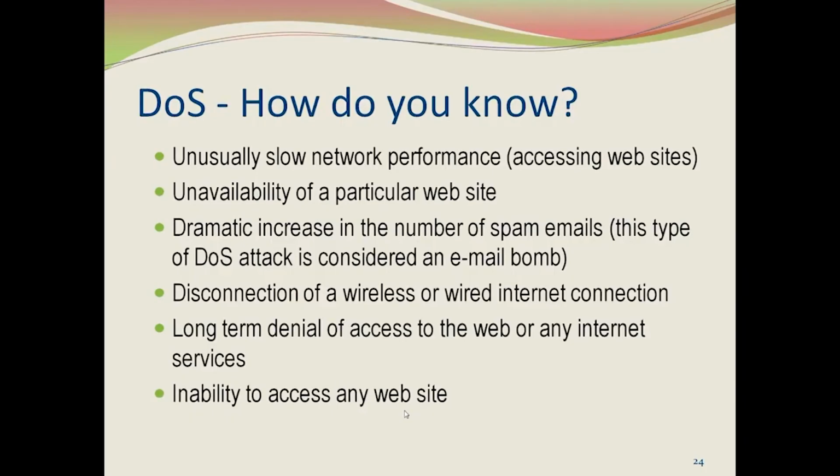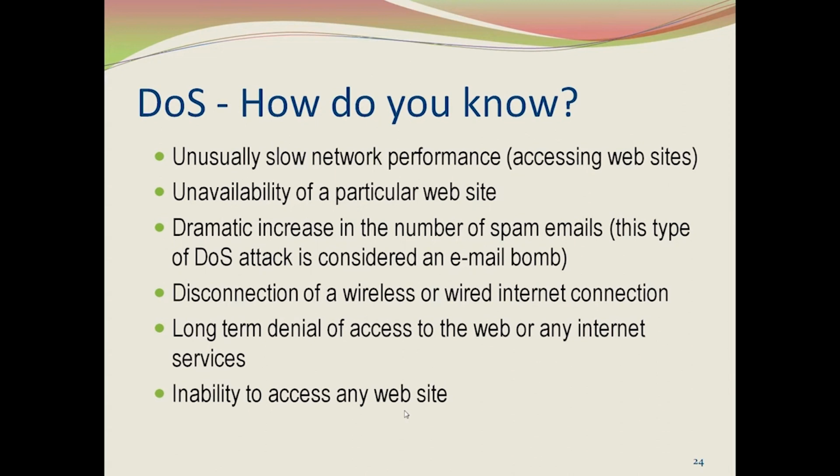Now, how do you know that this denial of service attack has happened? Okay. So, obviously, unusually slow network performance, when it takes time, unavailability of a particular website, okay. And many a time we have faced such things, right.